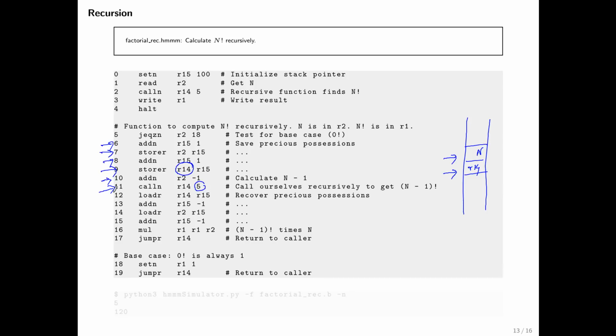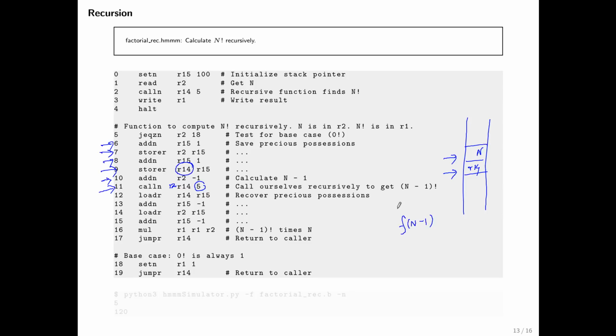When this line is executed, notice that R14 has the value of 12. So we make a recursive call, but on a smaller input, f of n minus 1. R2 now has n minus 1 in it. That's the recursive call.